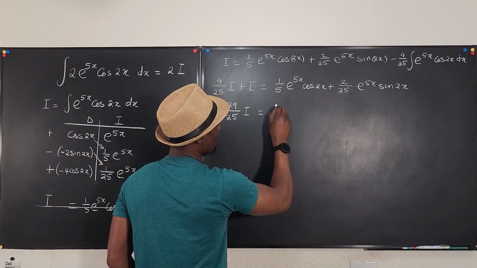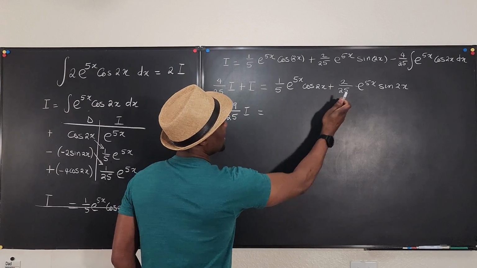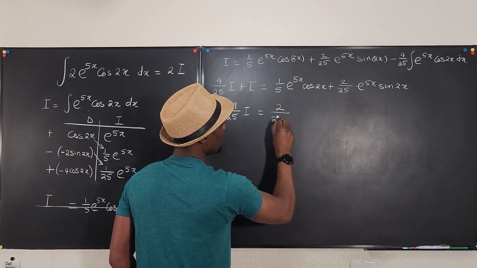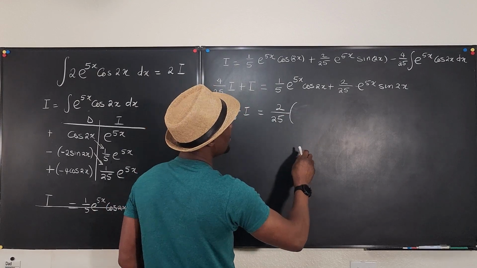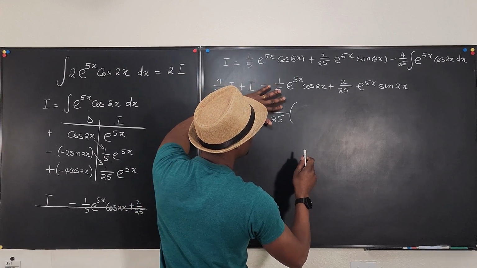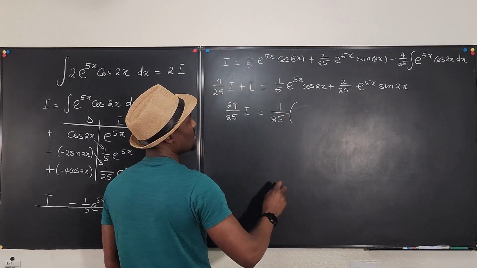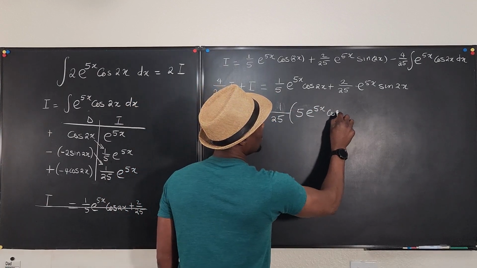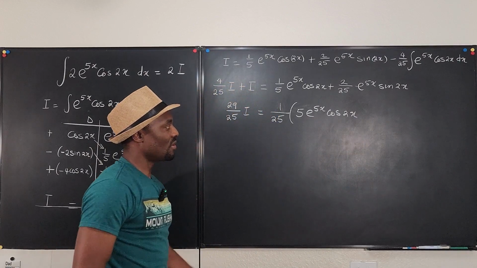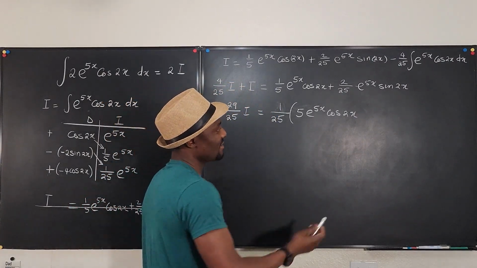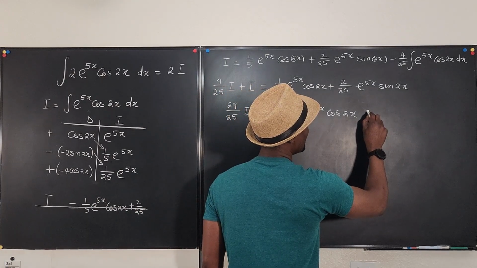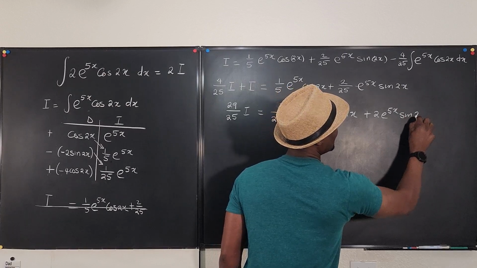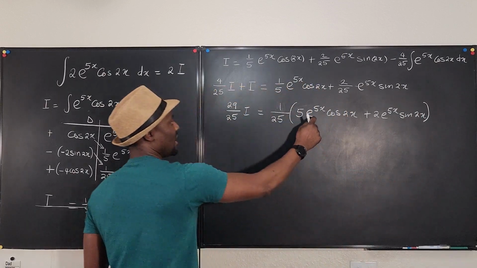So let's take out 1 over 25, so that what is left here is going to be 5e to the 5x cosine 2x, and then this is going to be plus 2e to the 5x sine 2x. Okay, I think I'm taking e to the 5x out now.